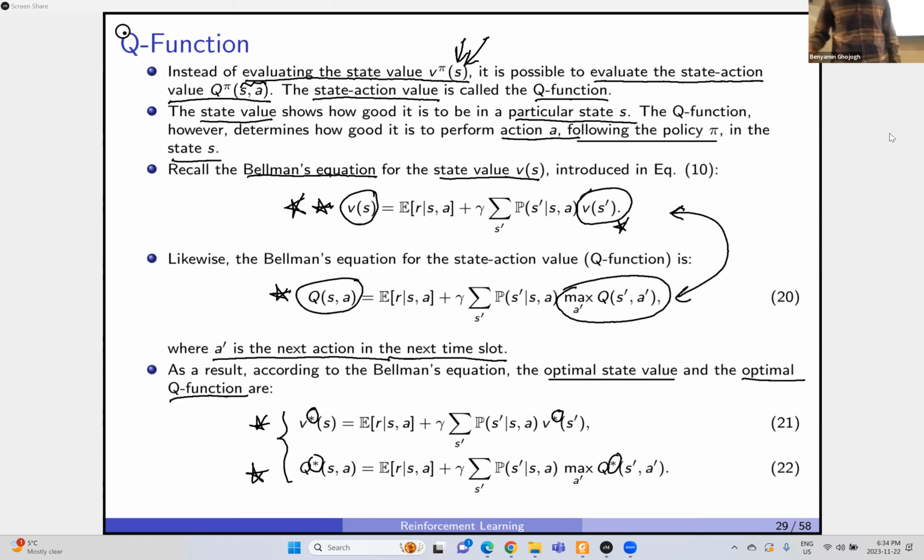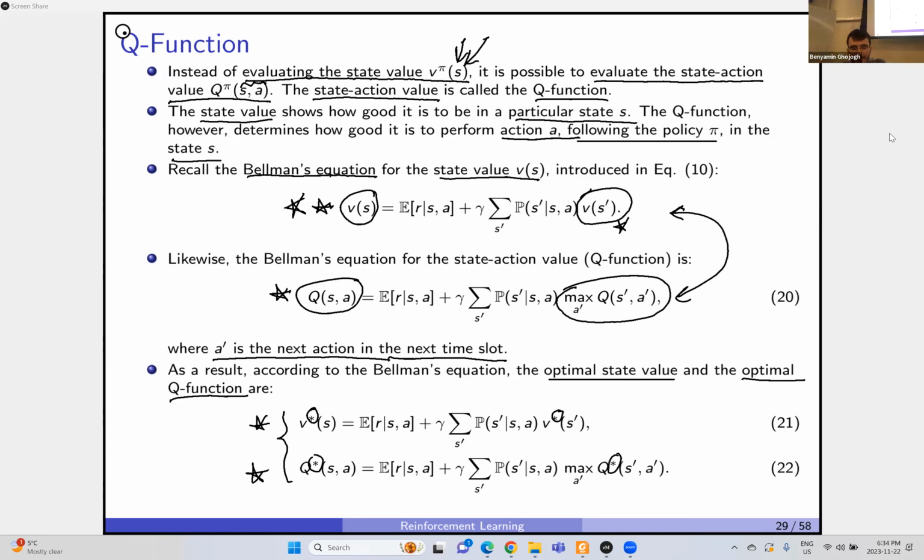So five things we learned, three of them in the essence of reward, two of them in the essence of action. We talked about value and Q, and we said that V is called state value or value, Q is called state action value or Q function.